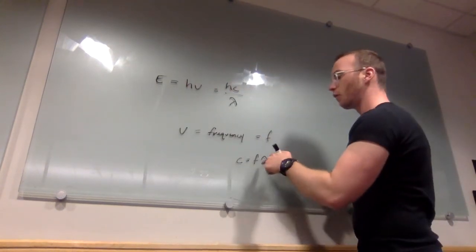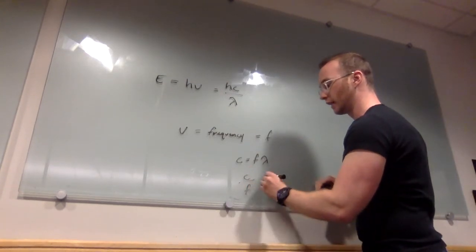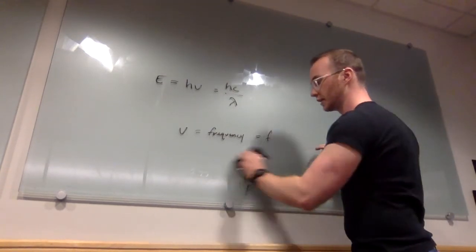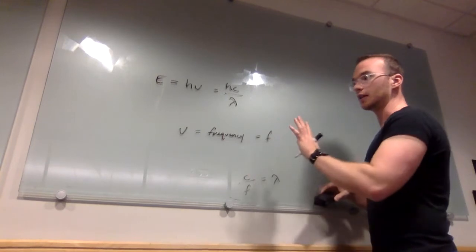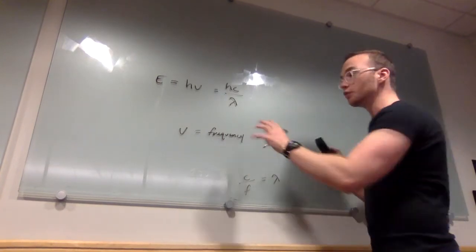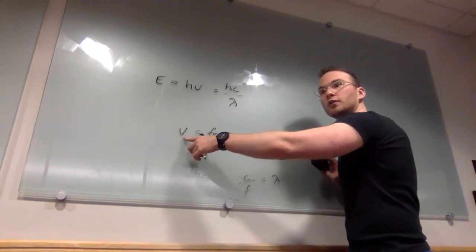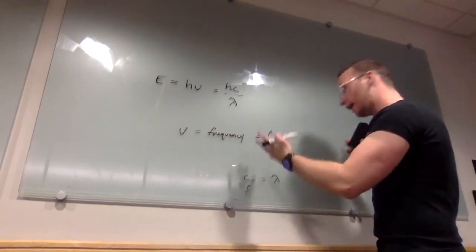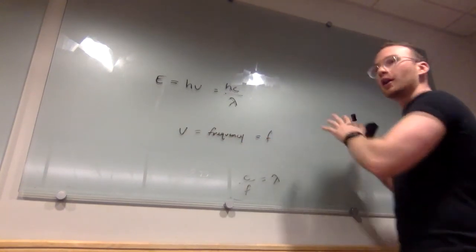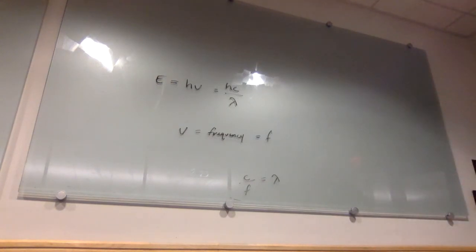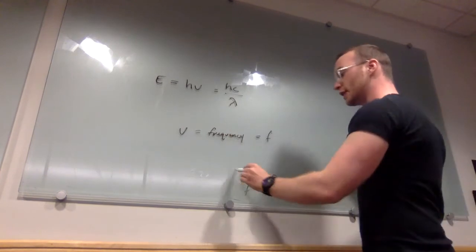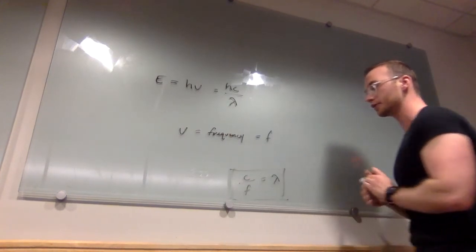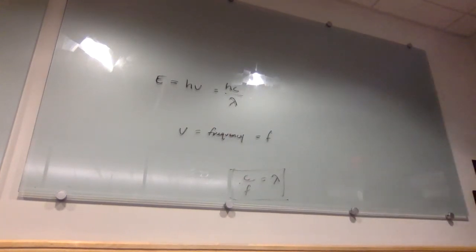Therefore c over f is lambda. So we can always just use this relation. Everywhere in the entire world, they use nu, a Greek letter that comes after mu, for frequency, except here, where they use f for some reason. I don't like that, but I guess it's the same thing. The point is you can use this relation for photons always.